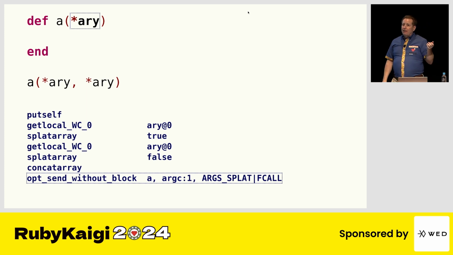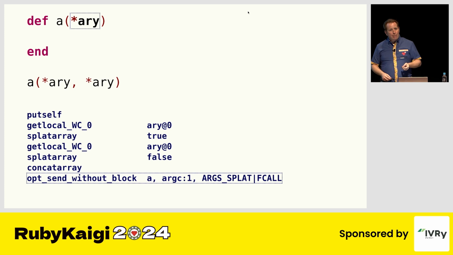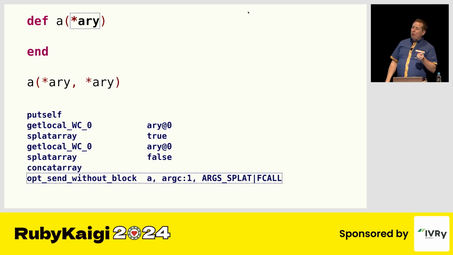And the final array allocation is on the callee side of the method, and that's because the method accepts a positional splat parameter. And positional splat parameter values should never be the same object as the positional splat argument. So Ruby duplicates the positional splat argument when setting the positional splat parameter value. Ruby's method call interface did not support the ability for the caller to tell the callee that I've already generated or allocated a new array for this.